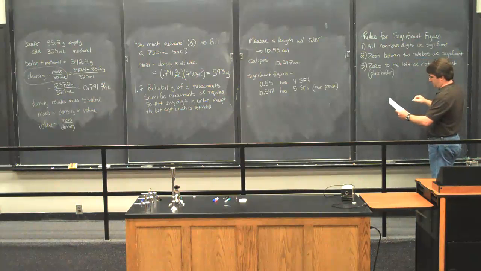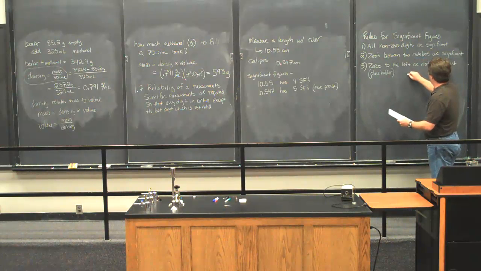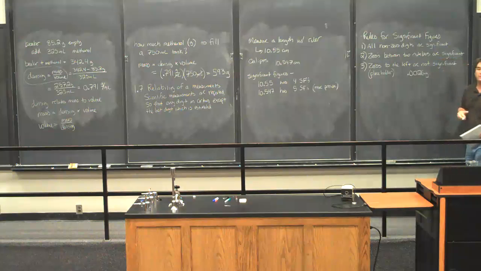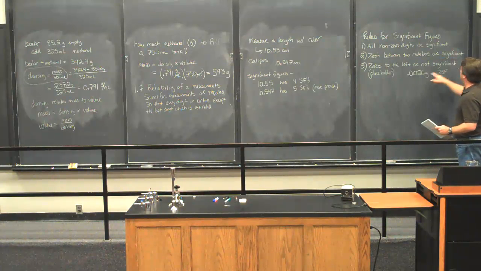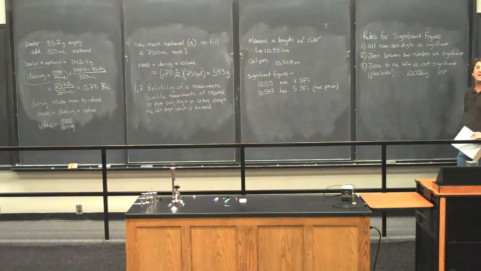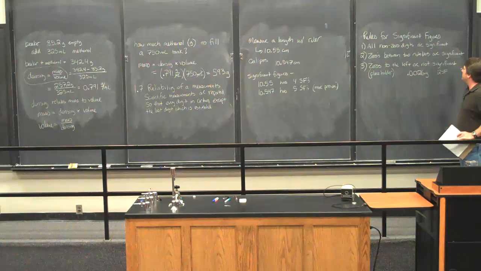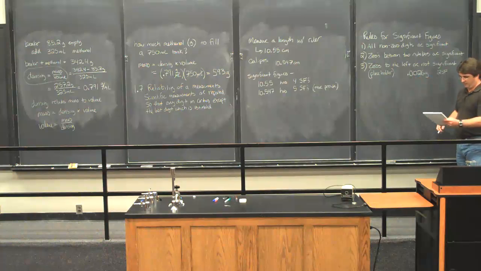So, for instance, 0.0026 grams has 2 significant figures, because these zeros to the left are just placeholders for the decimal point. They're not actual significant figures. So we'll see later that these don't imply any precision. It's plus or minus 0.0001 grams. And these zeros are not significant.